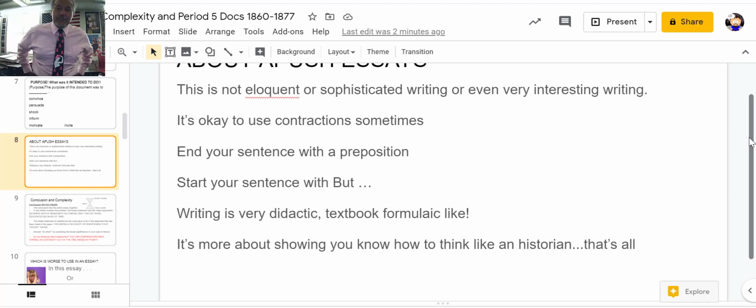Don't try to use them all the time. Ending a sentence with a preposition is okay. That's not going to put the most bitter taste in the grader's mouth. Start your sentence with "but." I do that in my essays and showing examples. Yes, go ahead and cast me into the pit of fire or burn me up for doing that, English teachers.